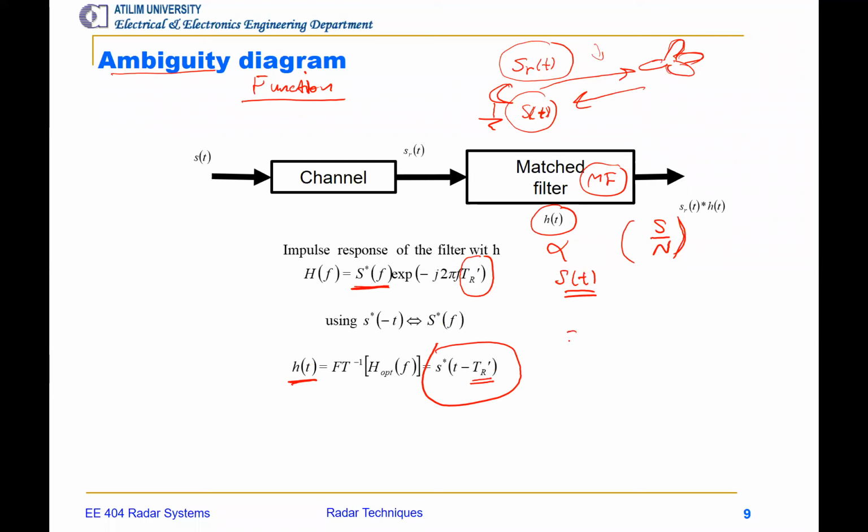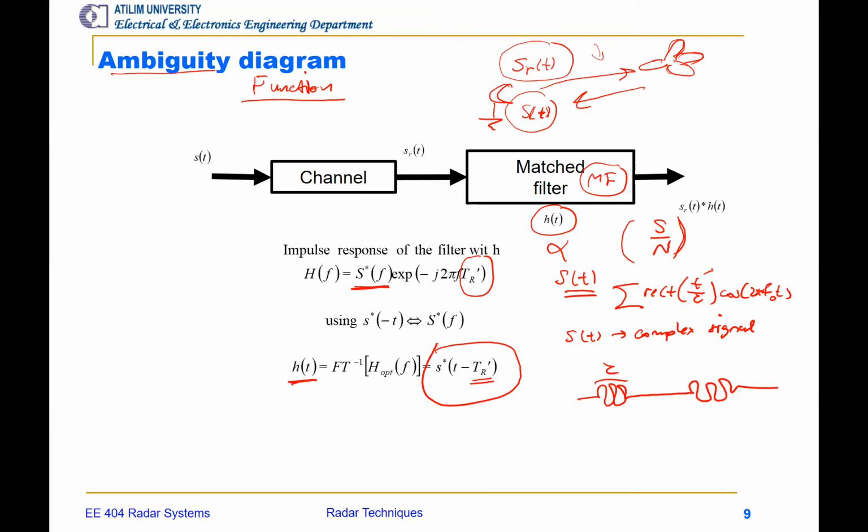Note that s of t is a complex signal. In our previous analysis, we always took a rectangle, just like this, times a cosine 2 pi f0 t, just a summation of these, so many cosines, with duration tau.